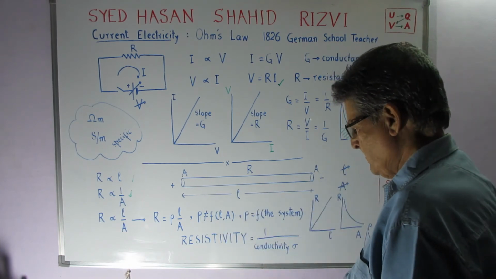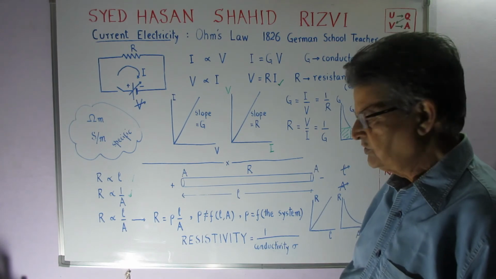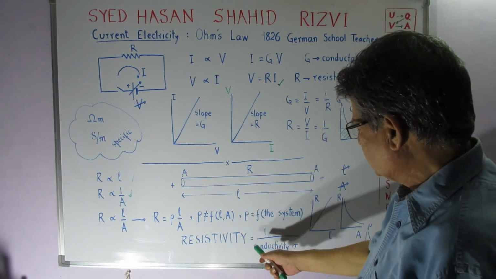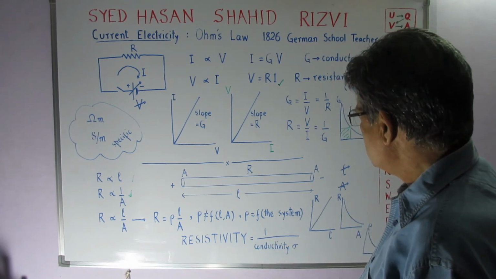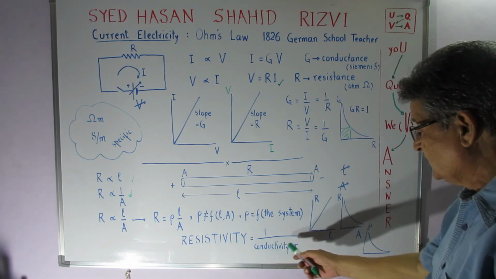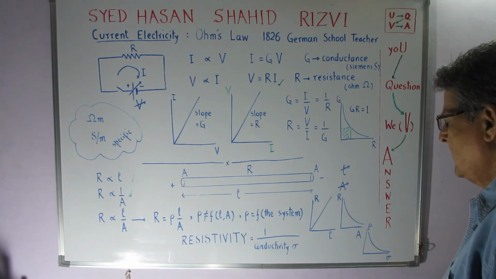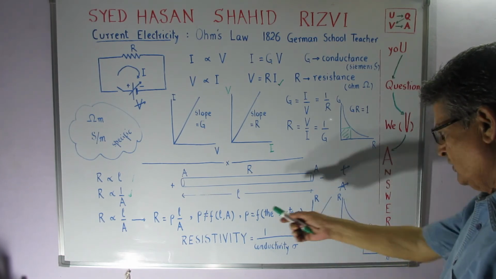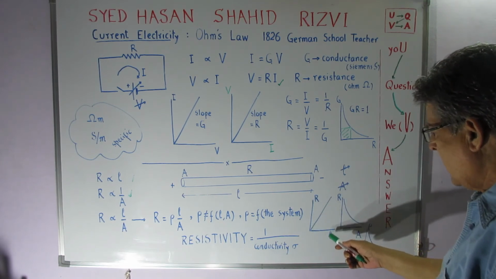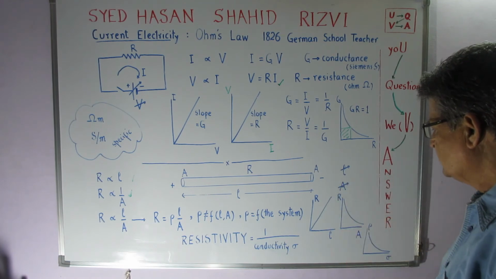Now this is called resistivity, which is the reciprocal of what is known as conductivity sigma. I'll give you the units also, but before that I just plot it in terms of the system. R is proportional to L, and I'll get a straight line like that.